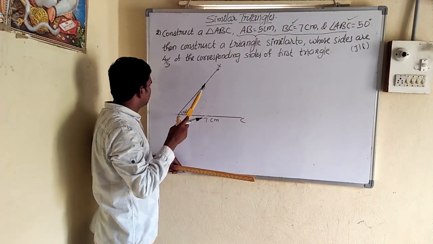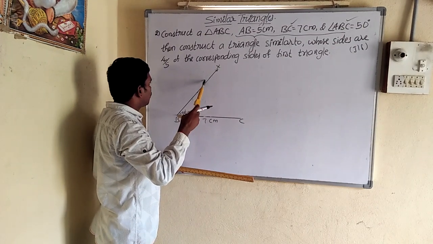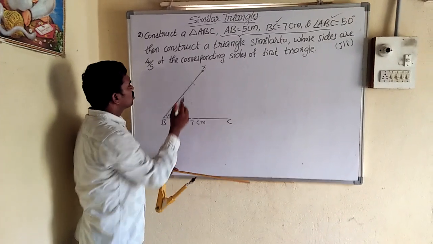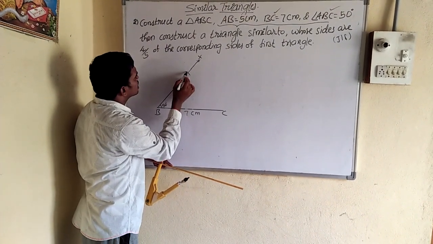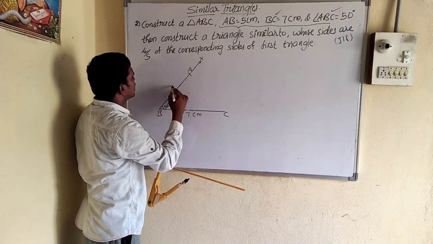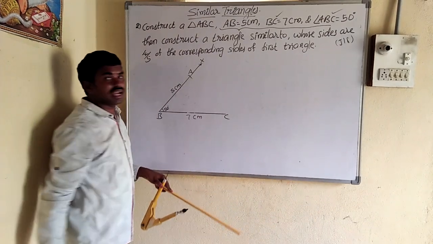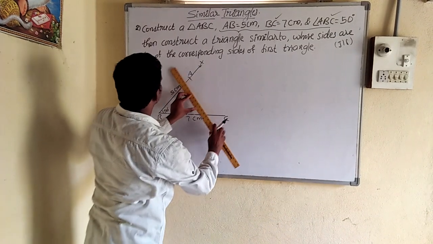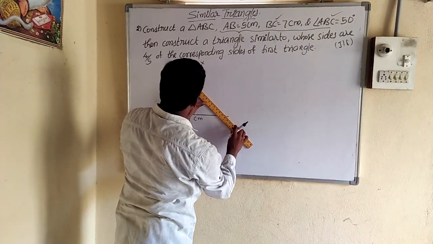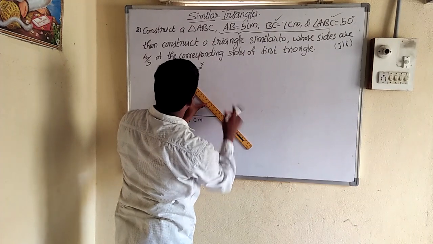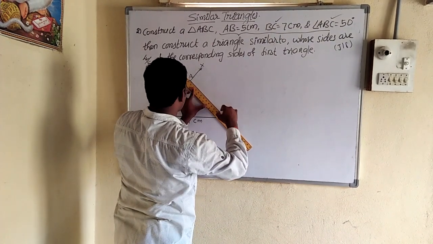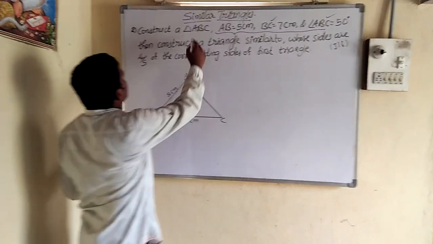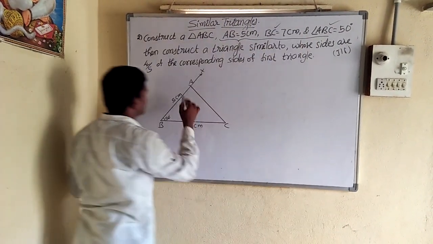From B to 5 centimeters, this is an arc with radius 5 centimeters. So I got it. Join AC. Yes, AC is joined. So first, a triangle is constructed.